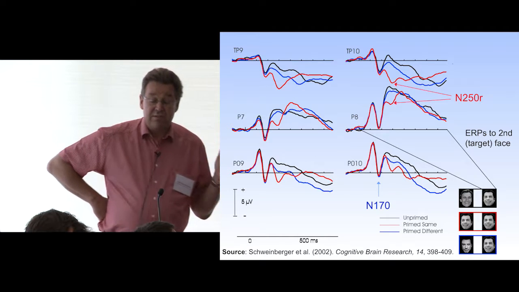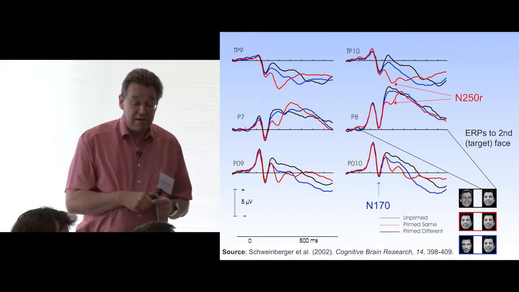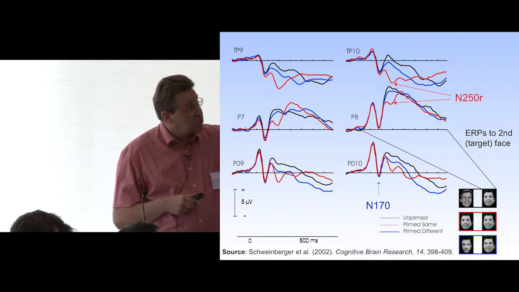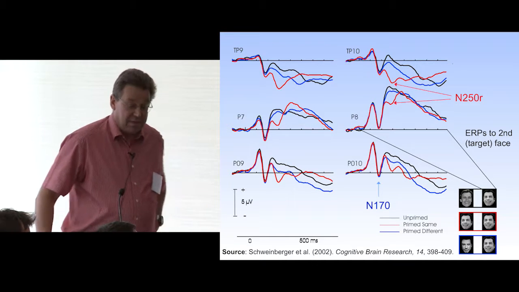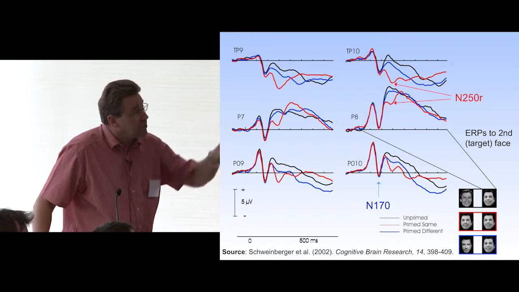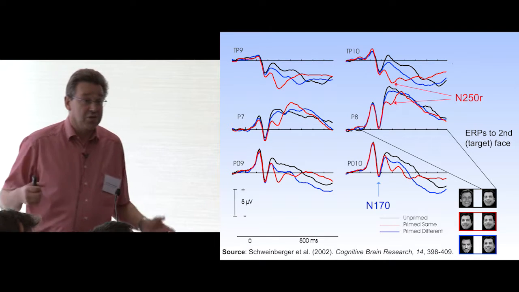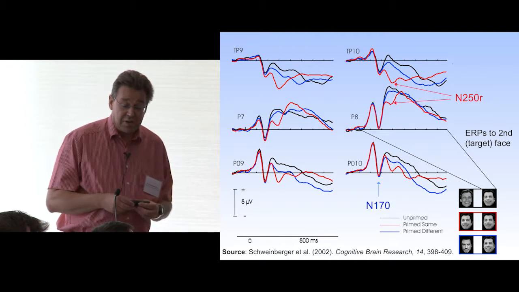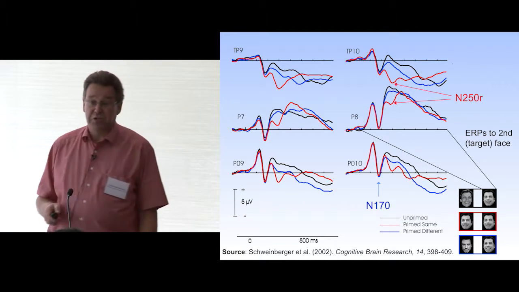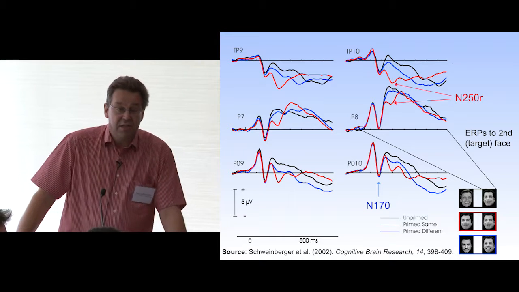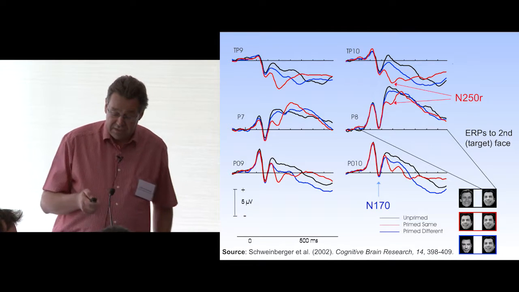But what you do get is a very prominent N250R repetition effect, and this is much larger for same image repetitions, but it's still present for different image repetitions, and the topography is the same as far as we can determine from scalp-recorded EEG. And actually, this attenuation for different image repetitions is very similar to what you get in behavioral studies of face priming.